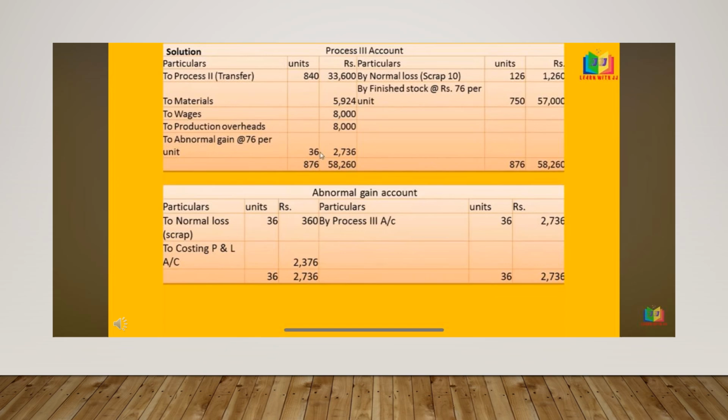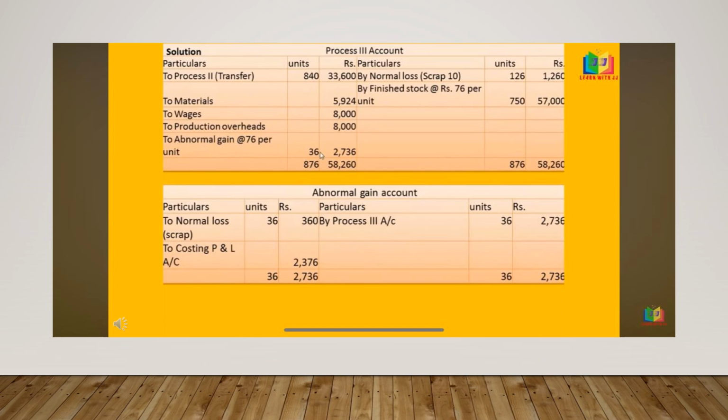So to normal loss, that is nothing but the scrap value, which is 10 rupees. So the abnormal gain quantity 36 into the scrap, which is 10, that is 36 into 10, 360. And the balancing figure is transferred to costing profit and loss account, that is 2,736 minus 360 is equal to 2,376.